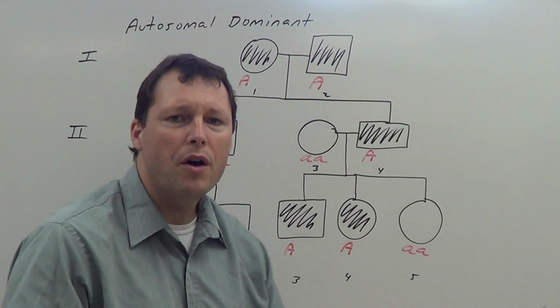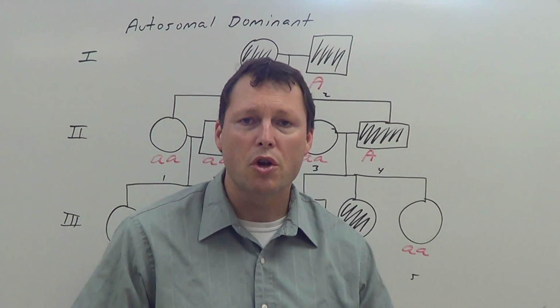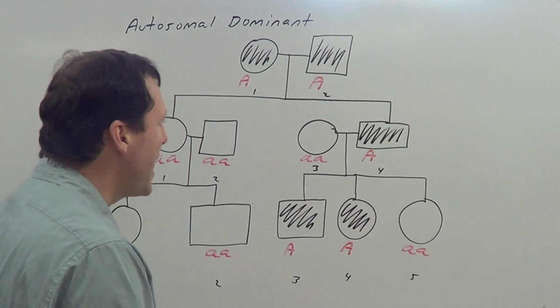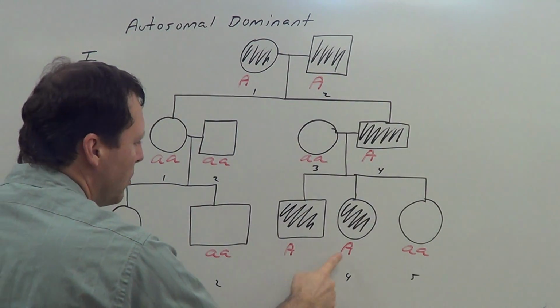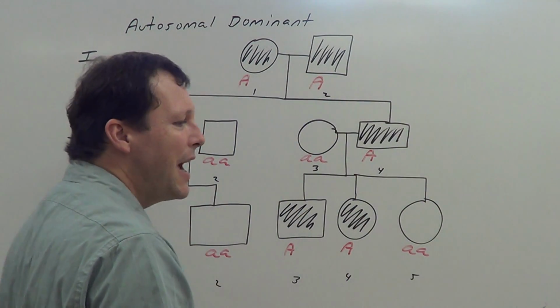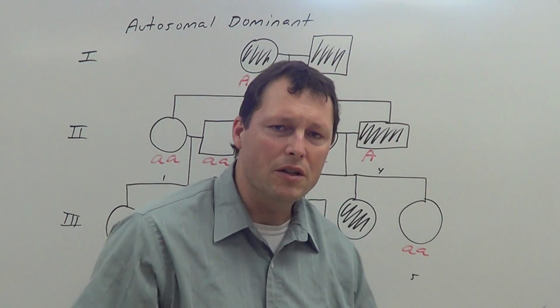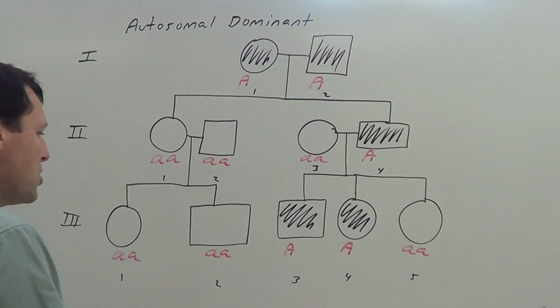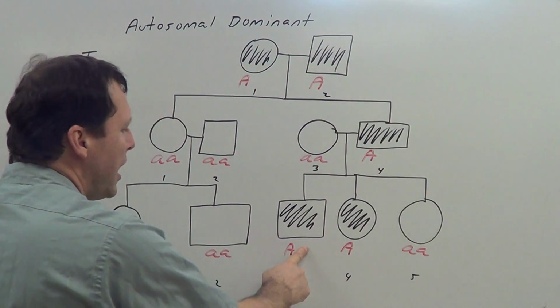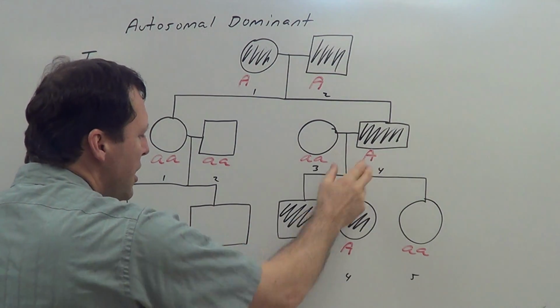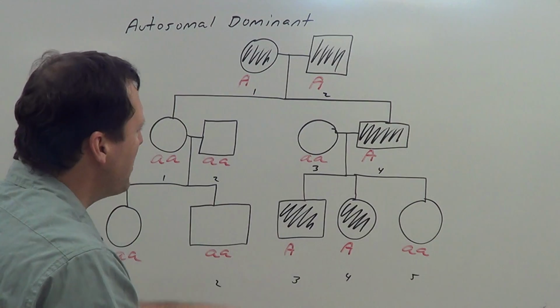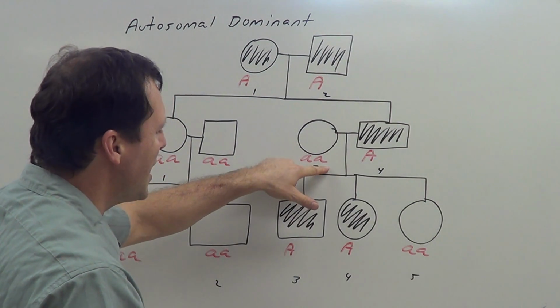We've now filled in all our given information. So now what's left to do is a little detective work. We have to figure out, what is the second letter here? And again, it doesn't matter where I begin, just as long as I begin somewhere. Let's start right here and take a look. So here's some kids, and here's their parents. I'm going to zero in on mom here because she's got 2 lowercase a's.